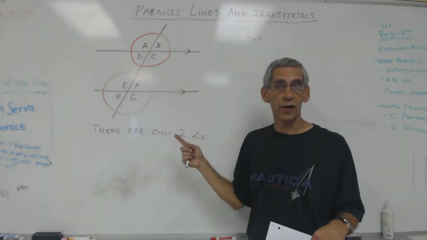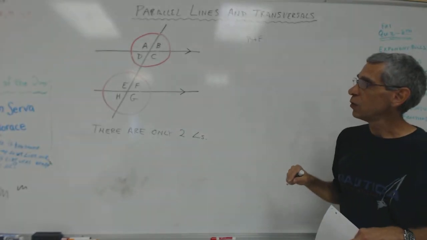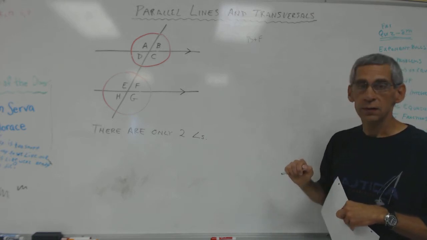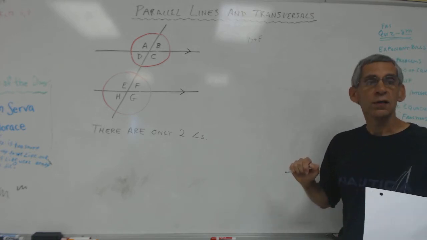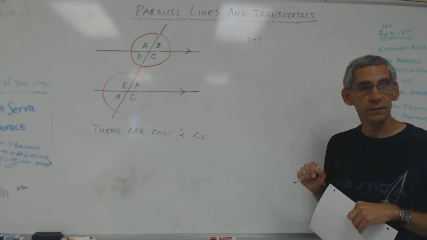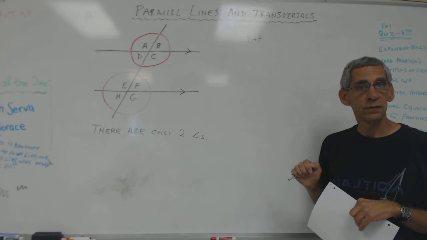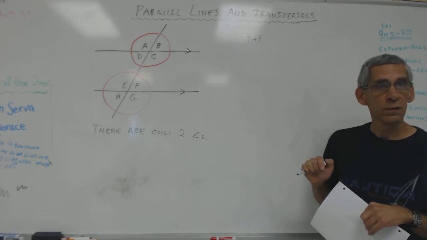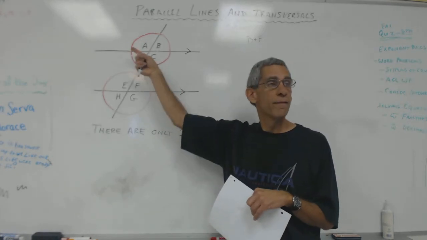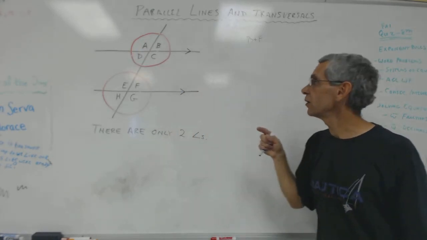Alternate exterior angles, right? What are E and D? Consecutive interior angles. What are A and C? Vertical angles. There you go.